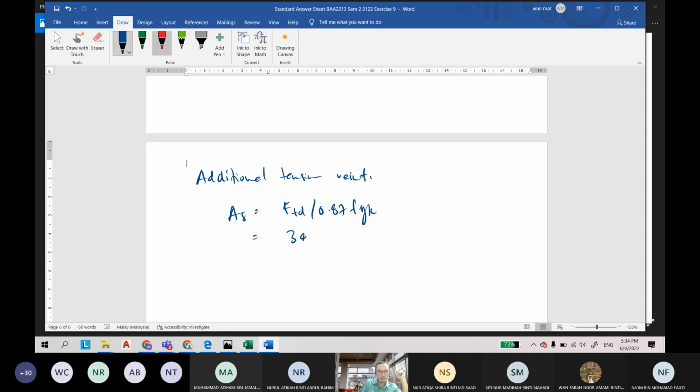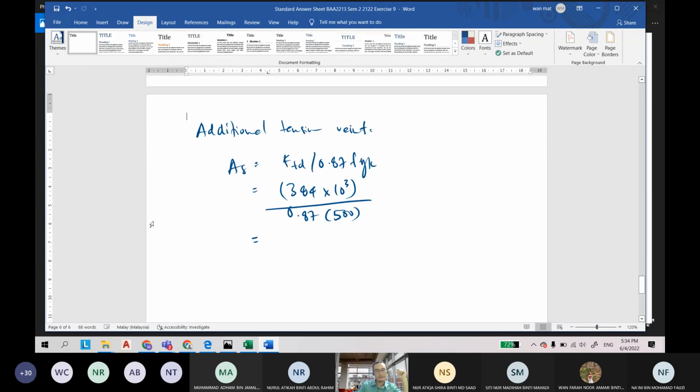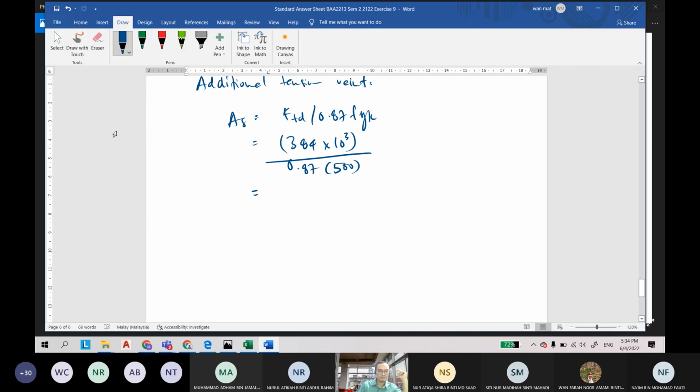So 384 to the power of 3 divided by 0.87 times 500 is equal to 883.3 mm square.